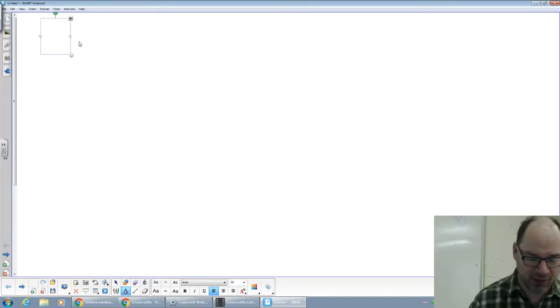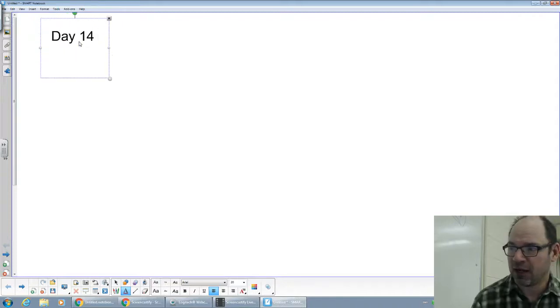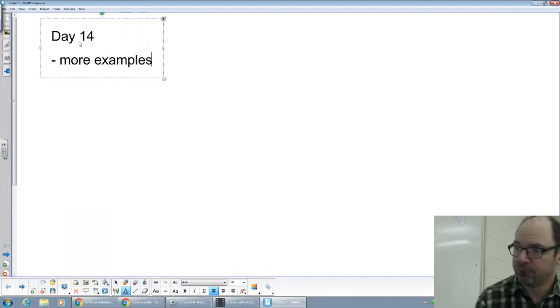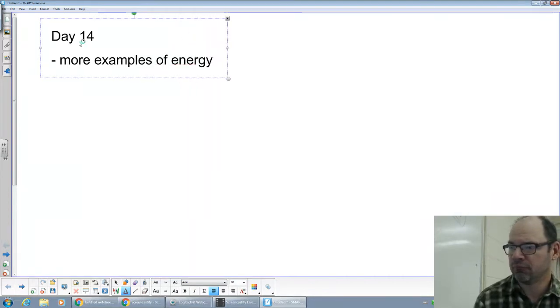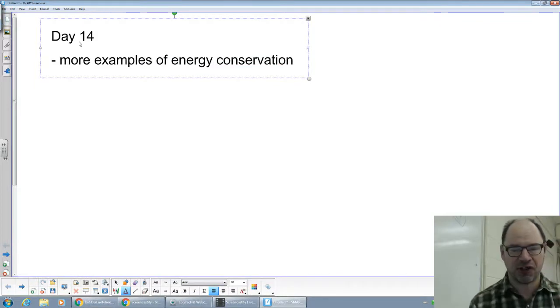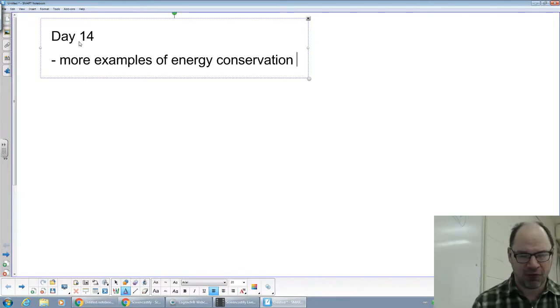So today is day 14 in Unit 2, and we're going to be looking at more examples of energy conservation. We looked at two major types: sliding down a ramp or hill and falling through air resistance.